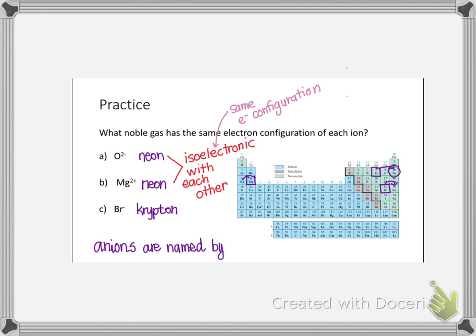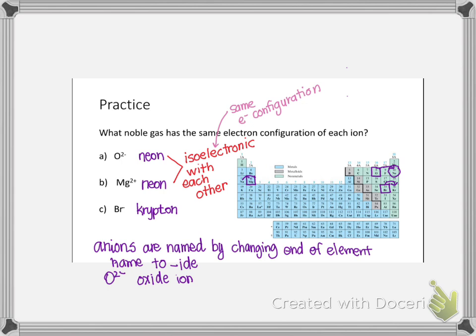So anions are named by changing the end of the element name to -ide. So for example, O2- is called the oxide ion. Instead of oxygen ion, they call it oxide.